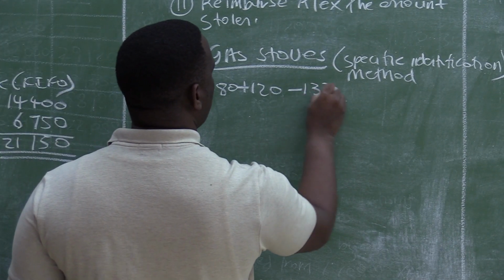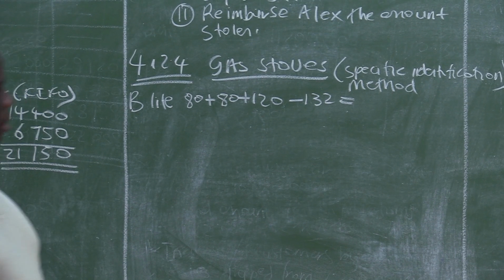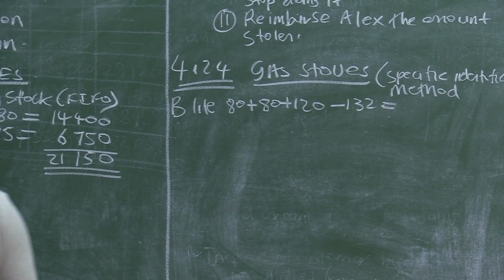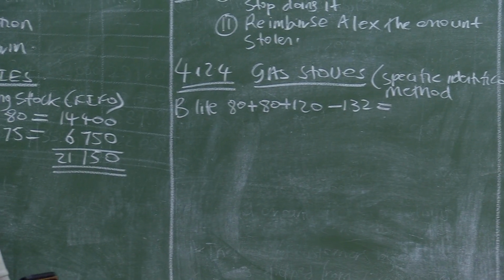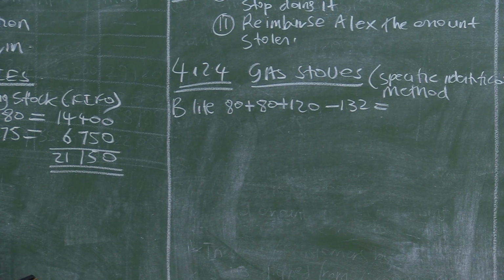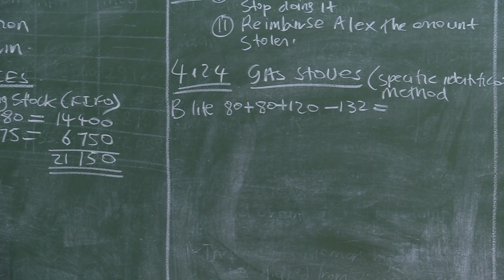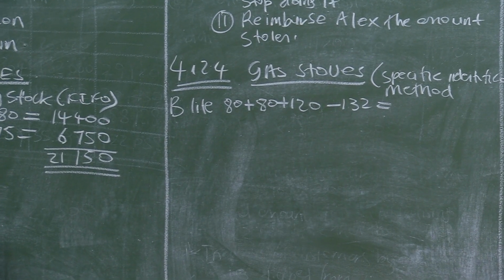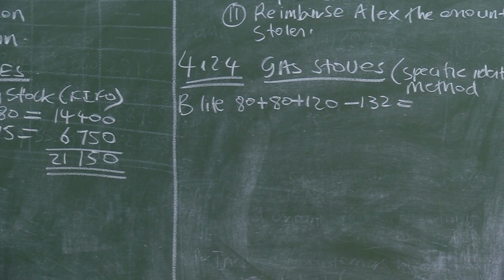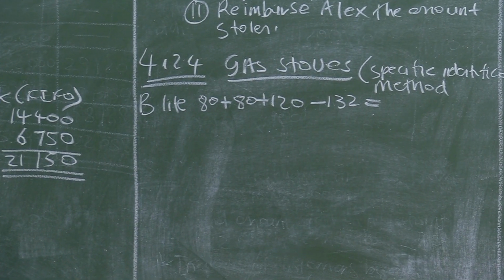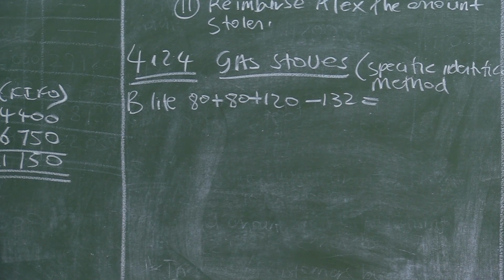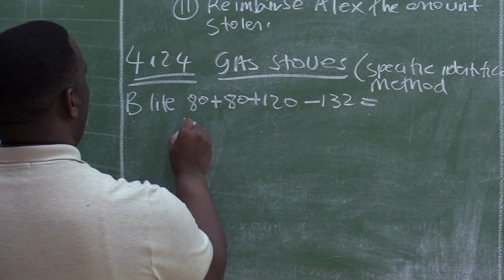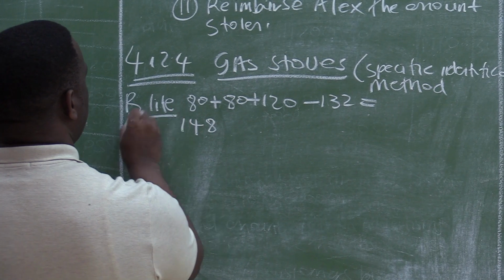We want to calculate this. 80 plus 80 plus 120, these are the purchases, minus 132 sold. That's 148. Equals to 148 B lights.